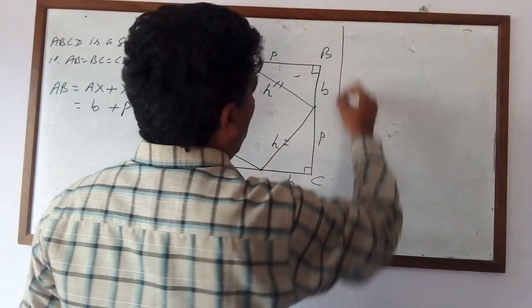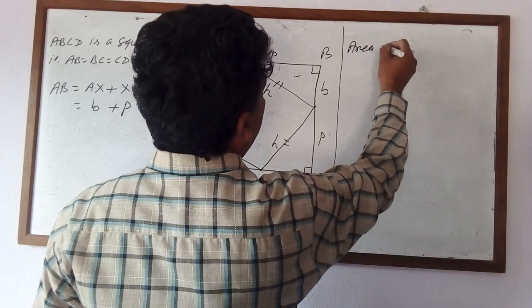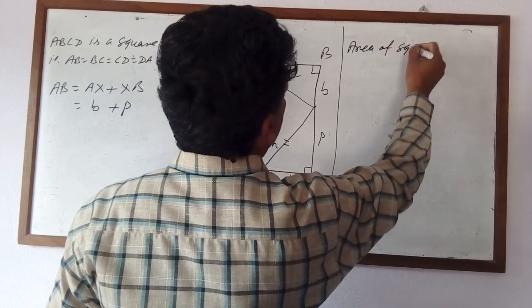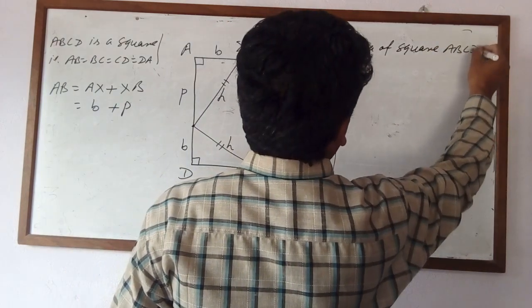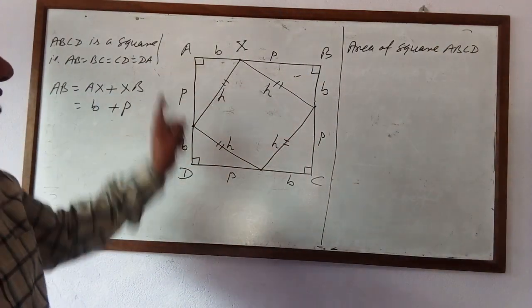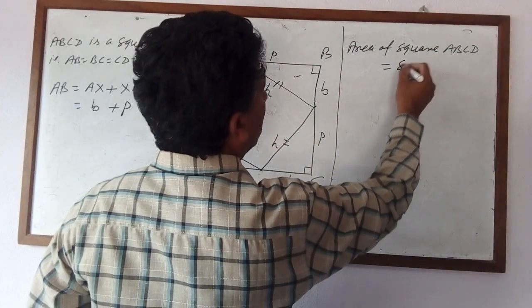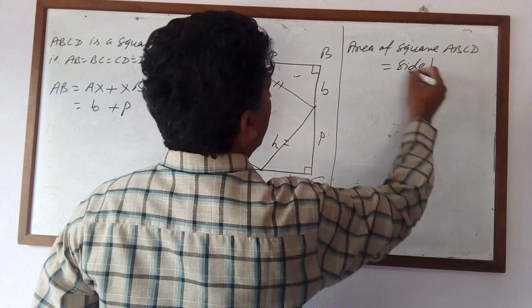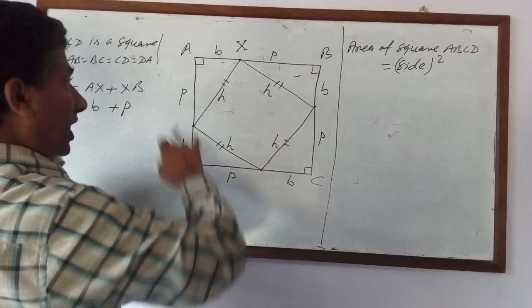First of all, I'll write here the area of a square ABCD. Area of a square means side squared, this is our formula. What is the measure of the side of ABCD?